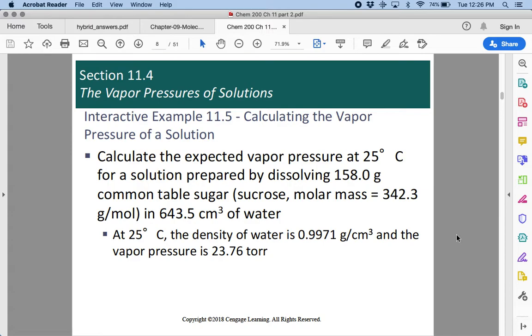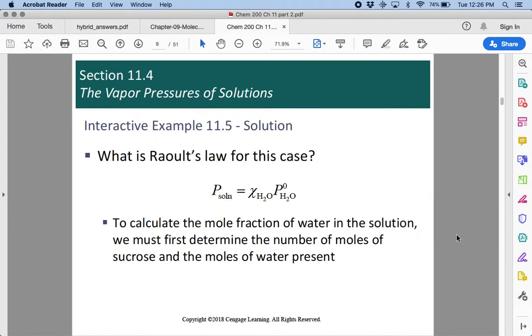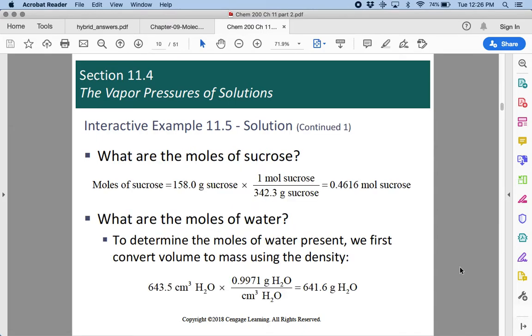We can calculate the expected vapor pressure of a solution using all these different variables. So go ahead and follow through. I would encourage you to pause here, utilizing Raoult's law to solve for this. In this case, this is Raoult's law as we would be using it, since our solvent will be water. We need to calculate the mole fraction and determine the vapor pressure of the pure solvent.